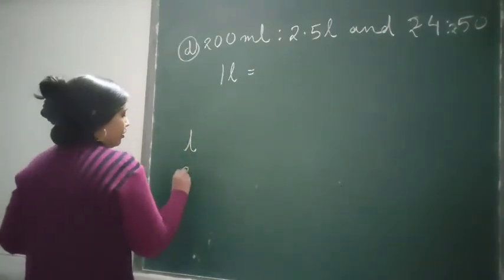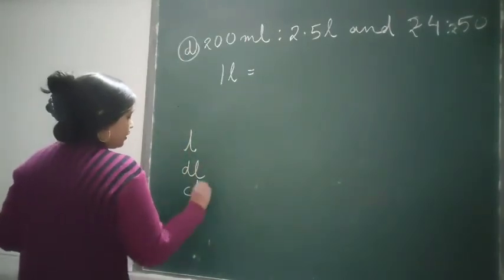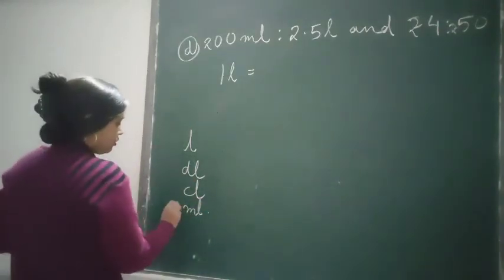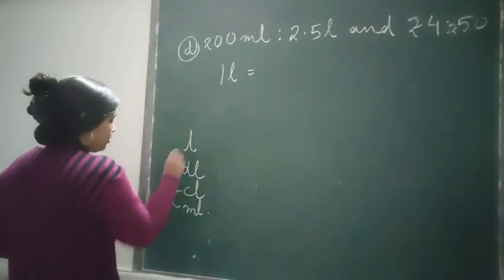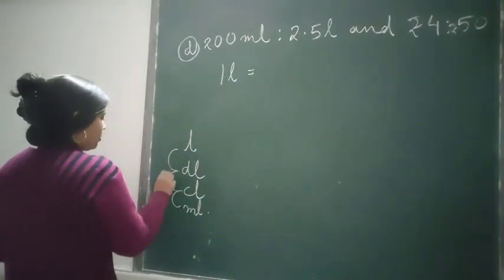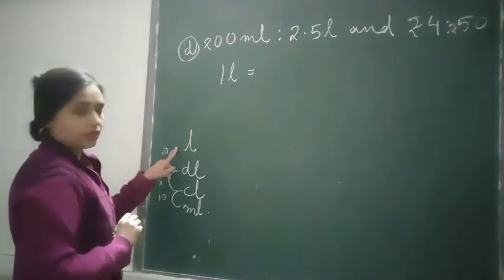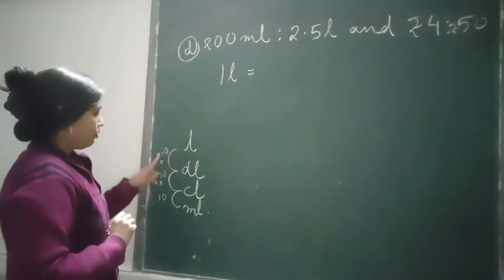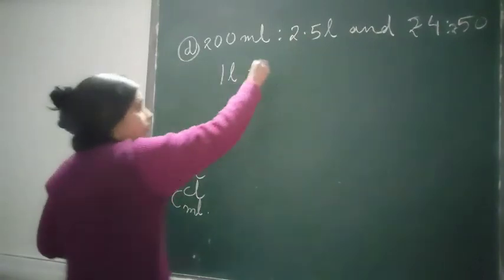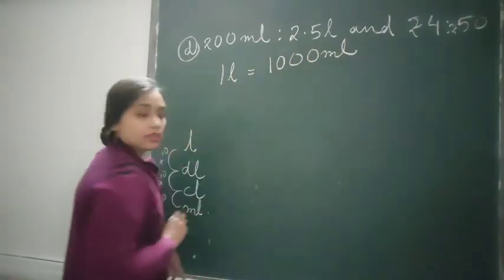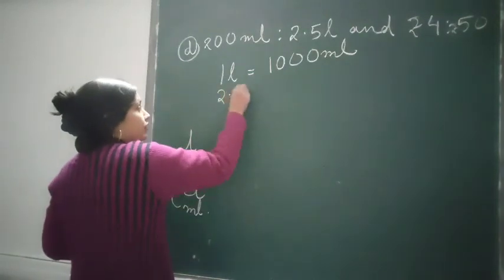This is liter, then deciliter, centiliter and milliliter. So what is the difference? 10, 10, 10. That is 10 cross 10 cross 10. 1, 2, 3, 3 zeros. That is 1000. So 1 liter is equal to 1000 milliliters.